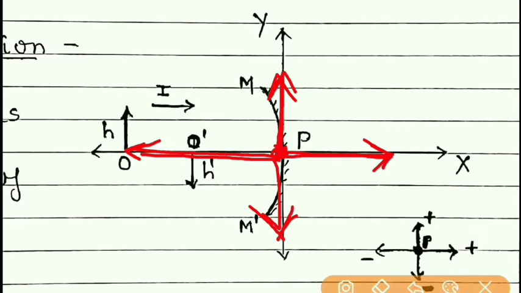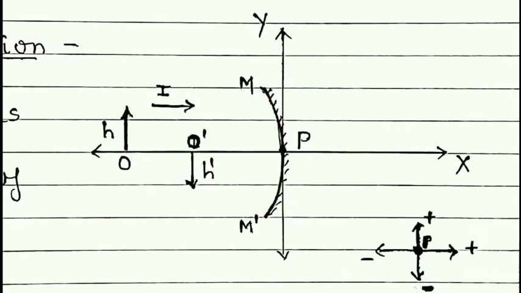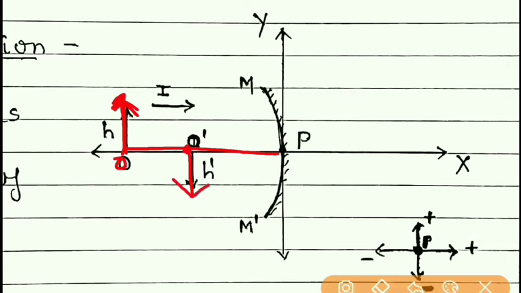And so here, as an example, if I want to measure the distance of the object from the pole, then that distance will be negative. If I want to measure the height of the object, then that height will be positive because it is in the upward direction, towards the positive y direction. And if I need to measure the height of the image, which is in the downward direction, that is towards the negative y direction, I will consider that as negative.